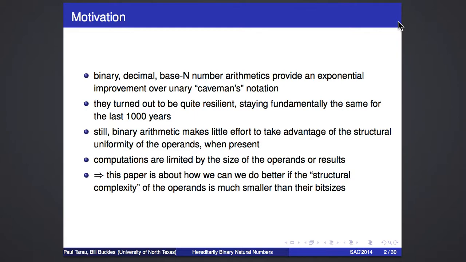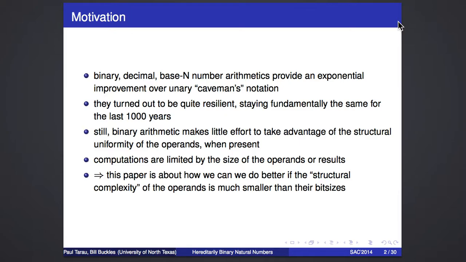Despite being a very resilient notation that stayed essentially the same for the last 1000 years, our usual binary arithmetic makes little effort to take advantage of the structural uniformity of the operands when present. So computations are limited by the size of the operands or the results.